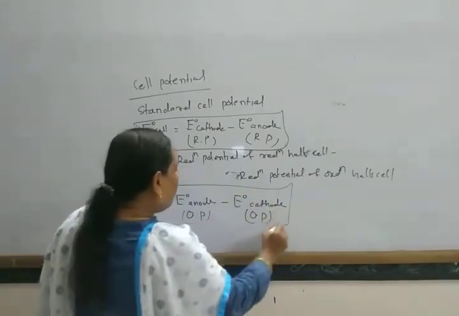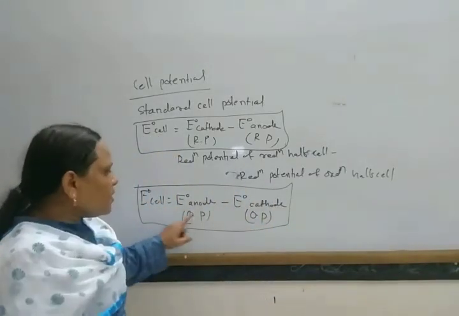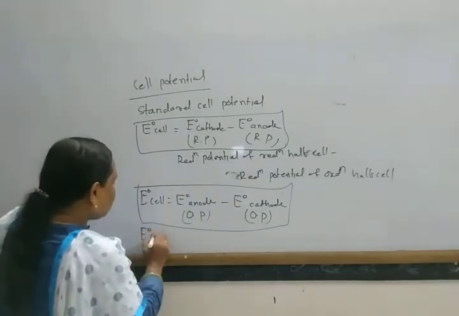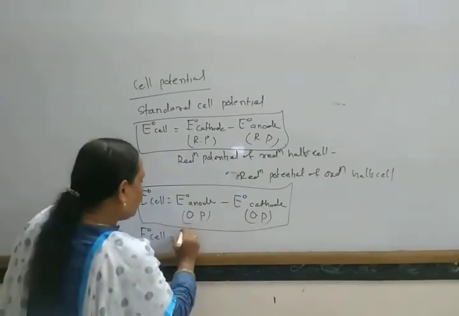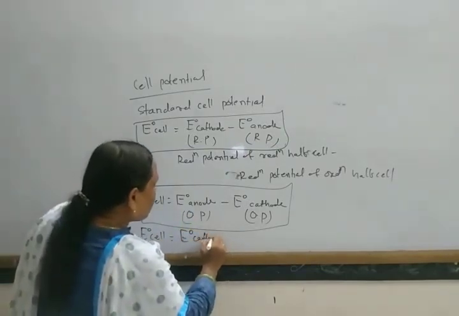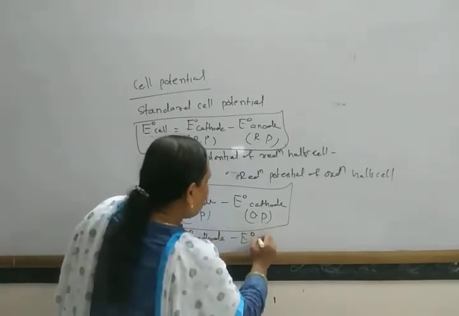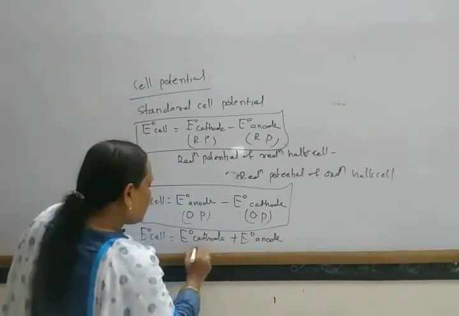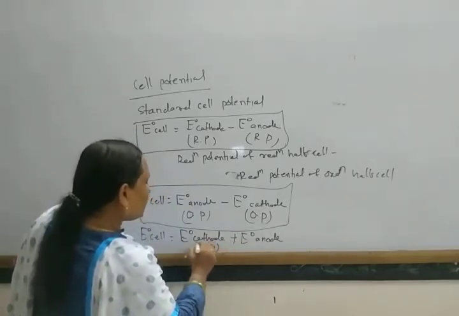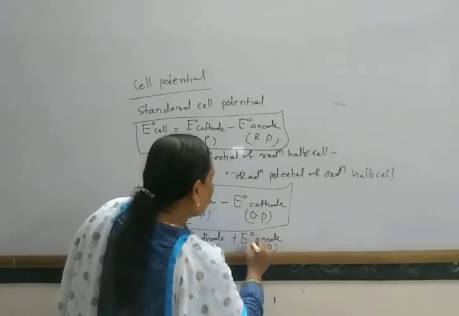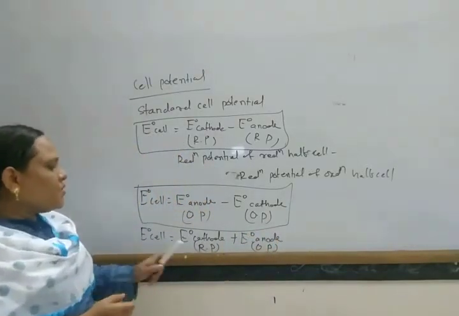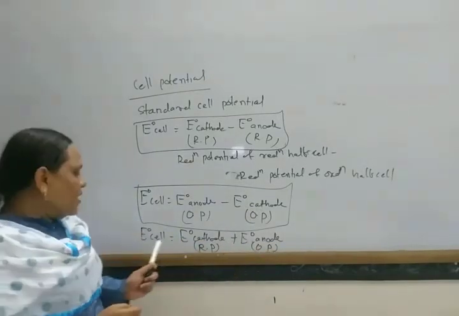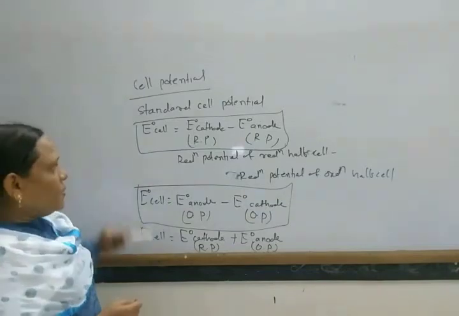And if you consider the oxidation potential of the anode and the reduction potential of the cathode, then also we can determine E naught cell: reduction potential of cathode plus oxidation potential of anode gives you the cell potential.